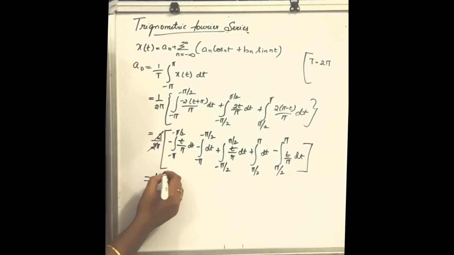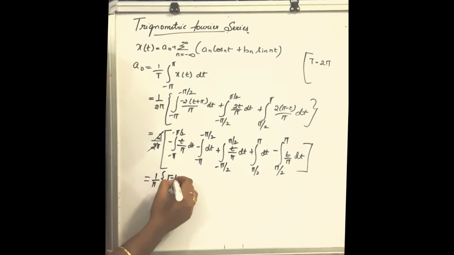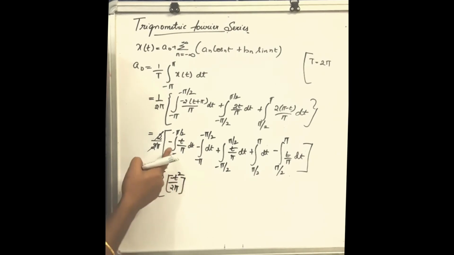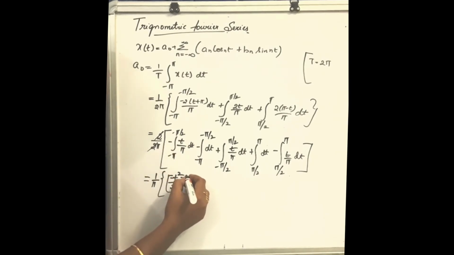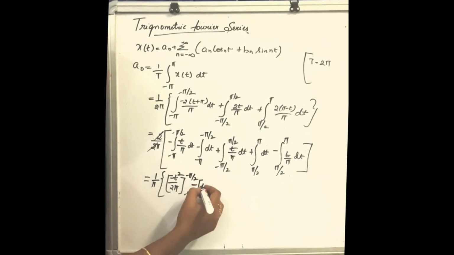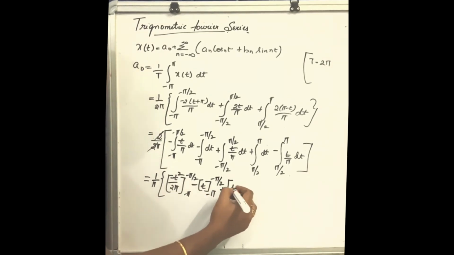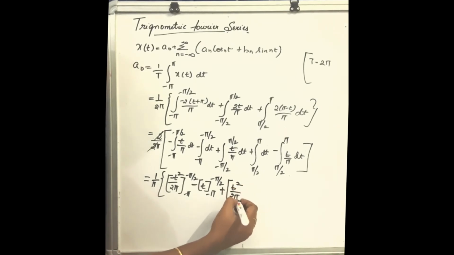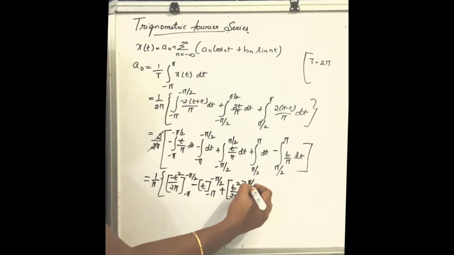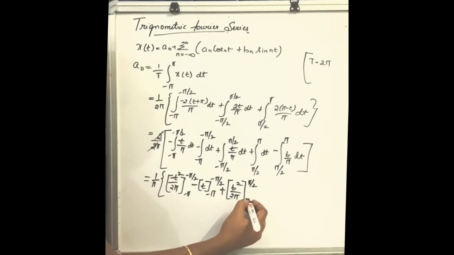Further simplifying, 1 by pi, minus t square by 2 pi. We are integrating the above thing. Pi by 2 pi t. So it's pi by 2 minus pi, plus this becomes t square by 2 pi and the limit is pi by 2 to minus pi by 2.